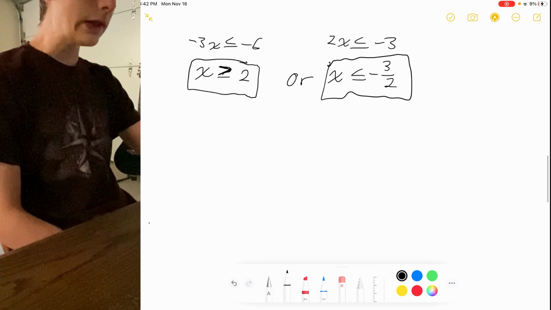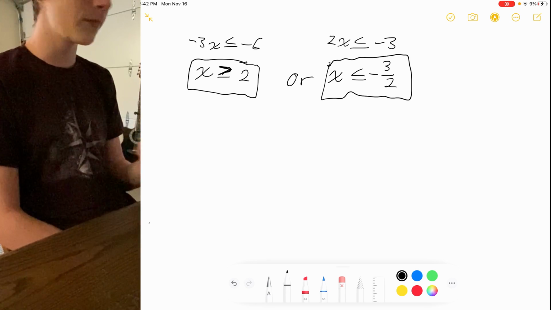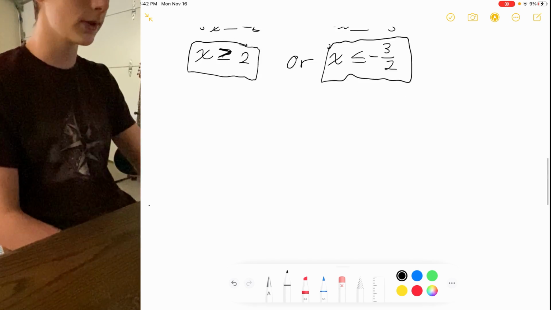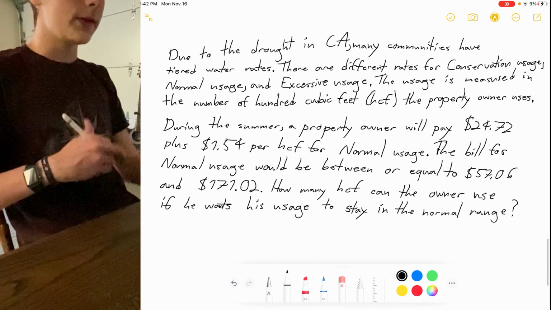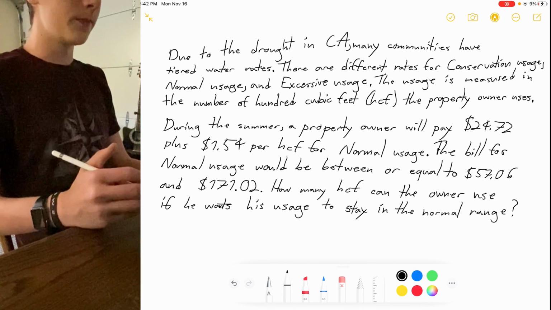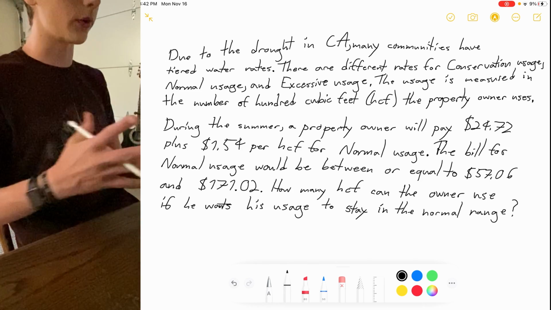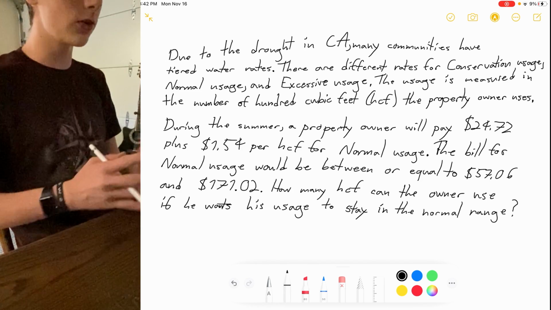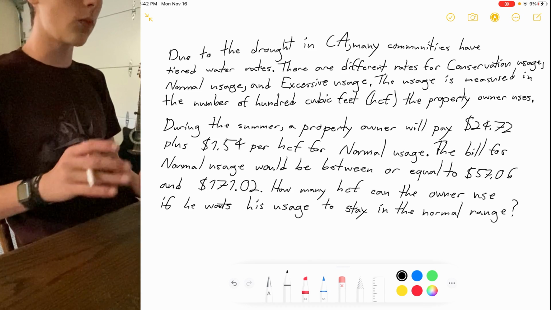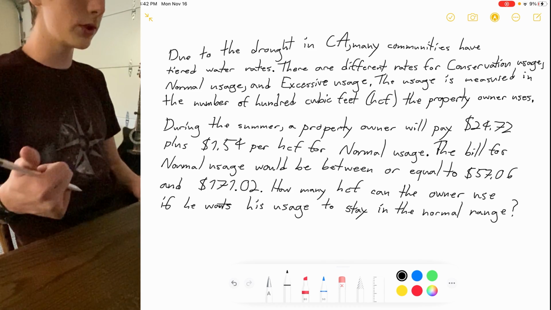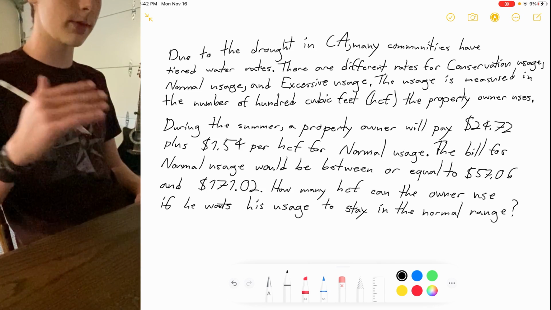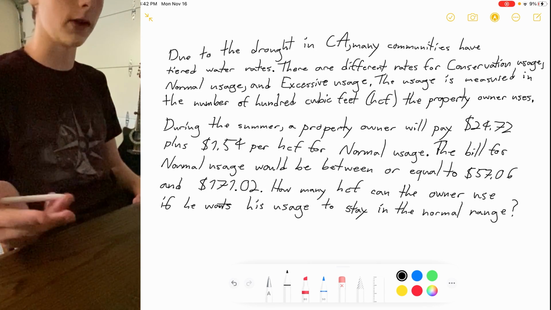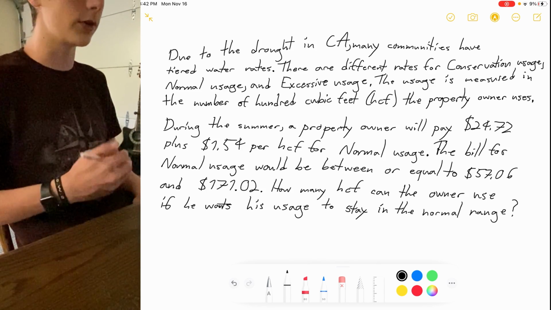I just want to quickly do a word problem with these. So let's go down here. It's a long word problem. It says, due to the drought in California, many communities have tiered water rates. There are different water rates for conservation usage, normal usage, and excessive usage. The usage is measured in the number of 100 cubic feet, or HCF, the property owner uses.